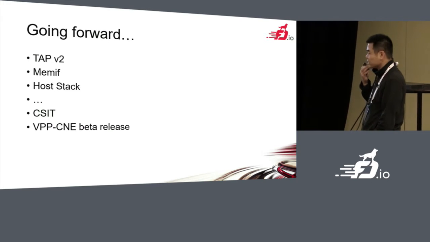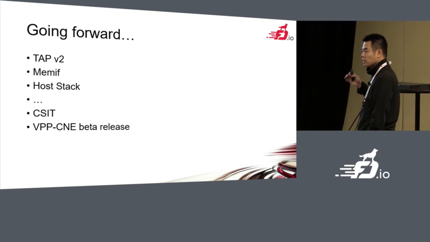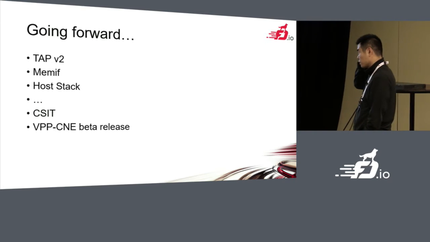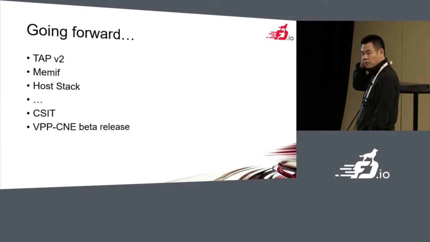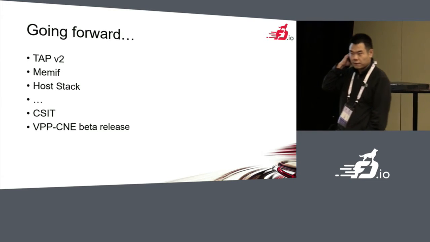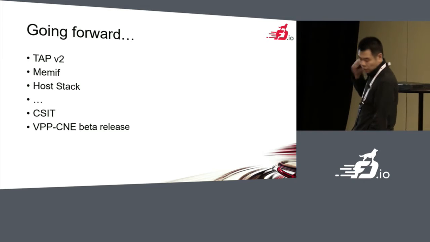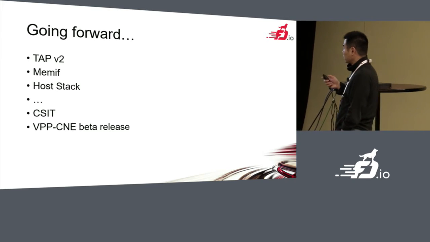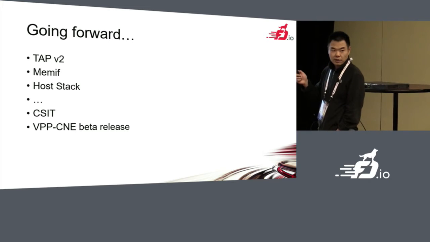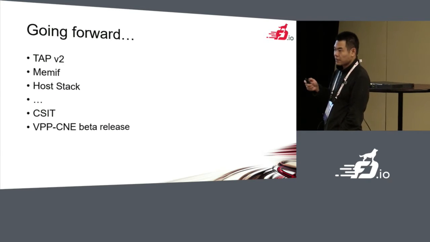And also using CSIT to do performance verification. And soon we will release a beta for VPP, based on a stable VPP version. So it's a pretty quick presentation. I will leave some time to take questions.